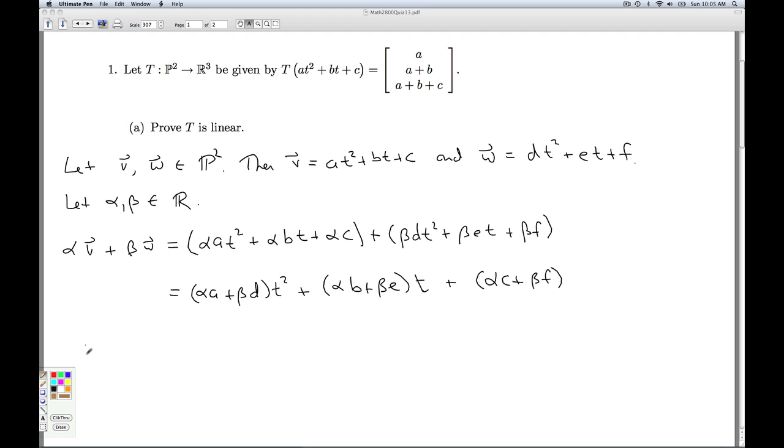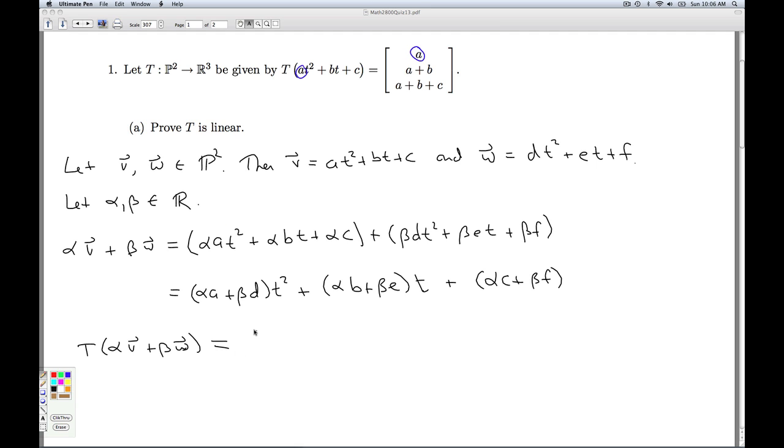And so, by definition, T of this is going to be what? Well, we take the leading coefficient, that's what goes in the first slot.